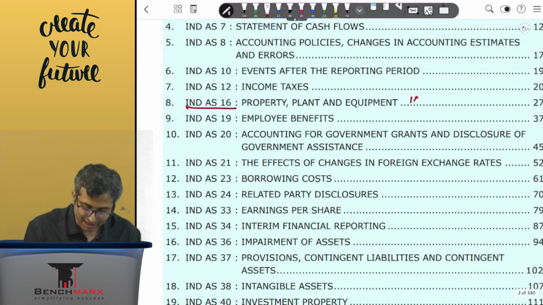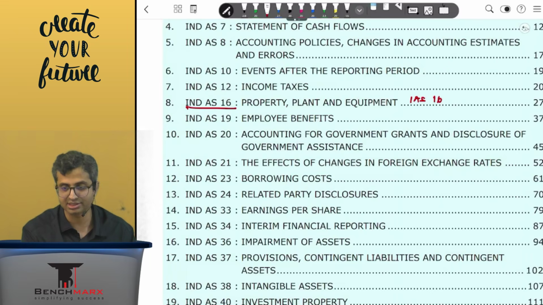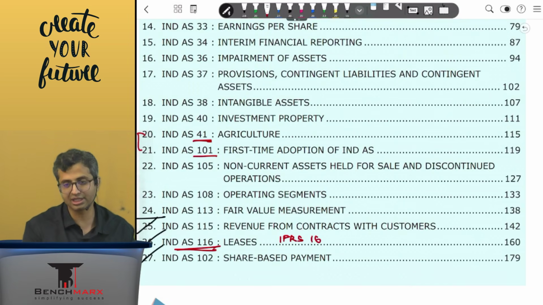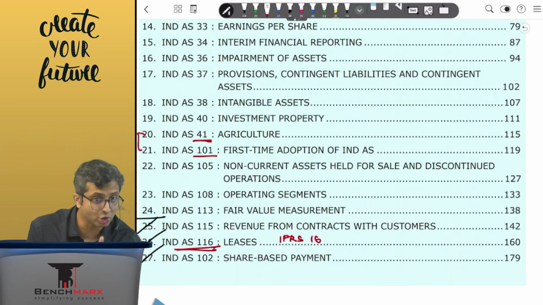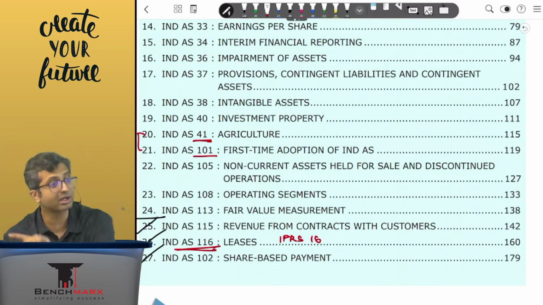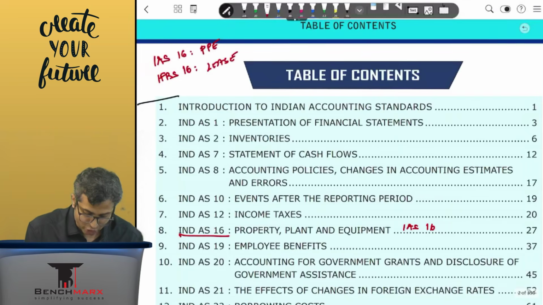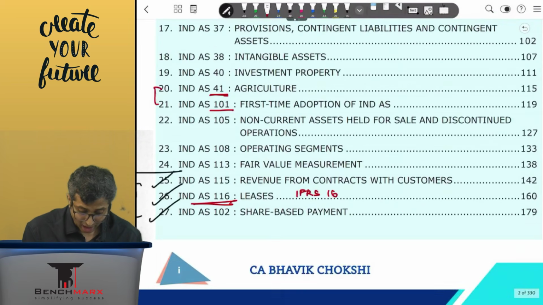This must be the same as IAS 16. And then there is 116. This must be IFRS 16. And hence वो 100 वाला numbering आ गया. Like you had Ind AS 2, which is on inventories. But there's IFRS 2, which is share-based payment. So Ind AS 2 is still IAS 2. But when you look at 102, this must be IFRS 2.